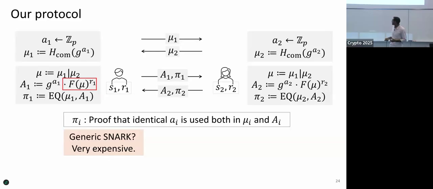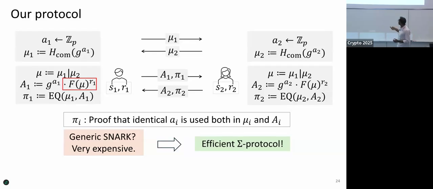Now you may say that we can simply use a generic SNARK for this proof, but that would be very expensive. To get rid of that expense, we carefully modify how we compute this discrete log commitment, and also how we reveal everything, so that at the end we can just work with a very standard, very efficient Sigma protocol. If you're interested, please look at our paper.